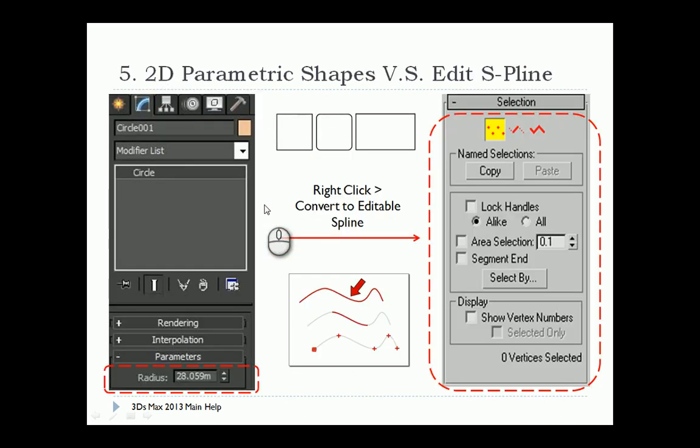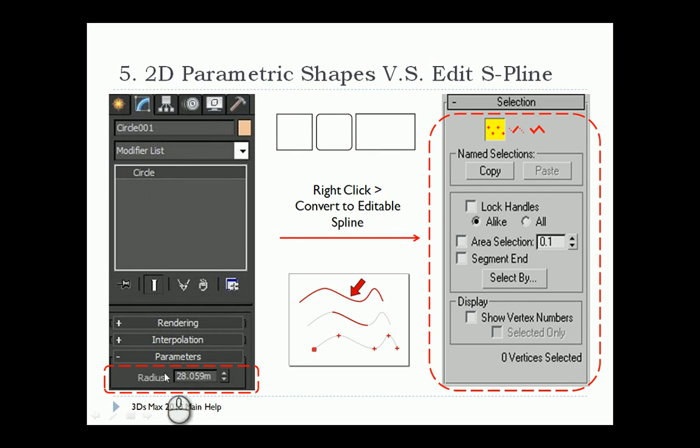And the last thing, or the last slide, which I just explained, is the difference between when you create the objects and when you modify them. Now that's the circle, for example, and see it's parametric.